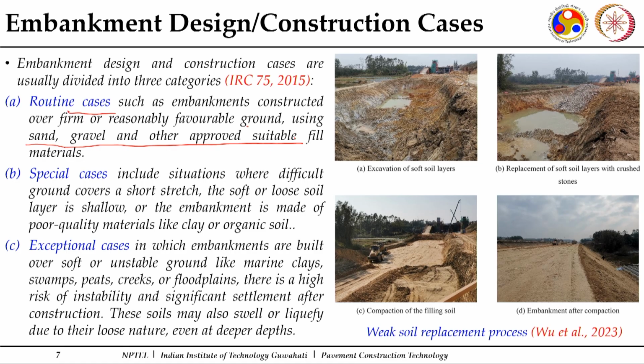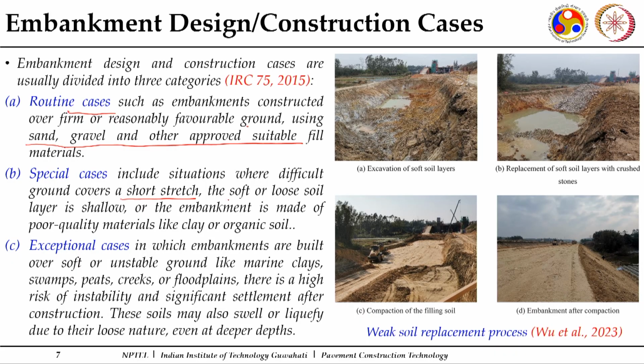Approved means these are the materials which are approved for use in embankment construction, in terms of their gradation, strength, density, and plasticity index value. So, with any approved material over a firm ground, the construction becomes quite comfortable or easy, especially the embankment part.